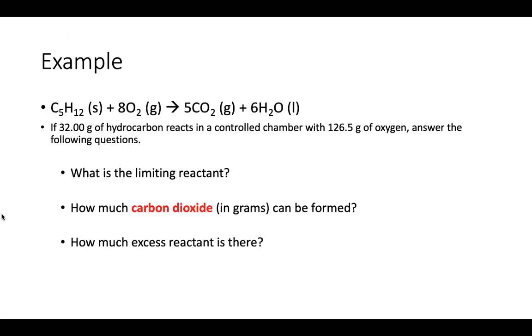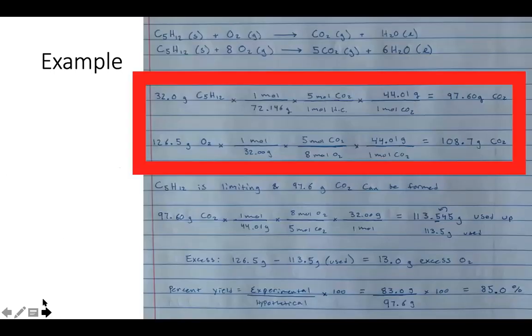Right off the bat, I would look down and see what product they are asking me for. They want to know how much CO2 I can form. So I know my first step should be, and this is the part in red here, to convert how much reactant I have to grams of CO2, because they eventually ask me for that.